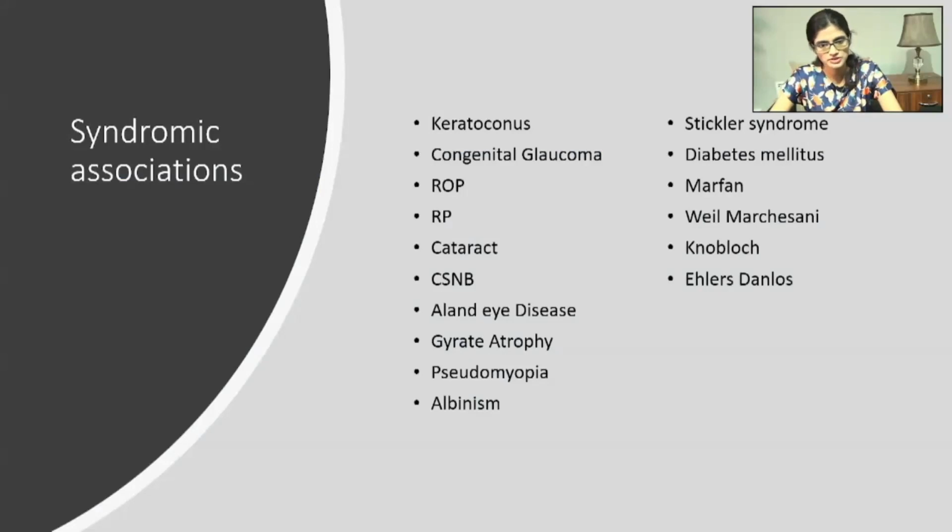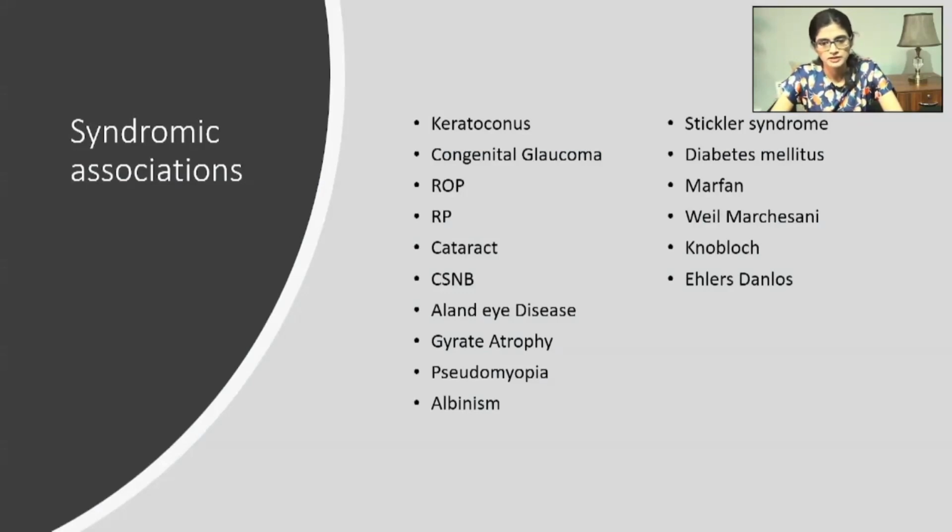There are, of course, syndromic associations with myopia as well. These syndromes can be systemic ones or limited to the eye. Keratoconus or ectasia of the eye, which we are going to discuss later a bit, is associated with myopia.